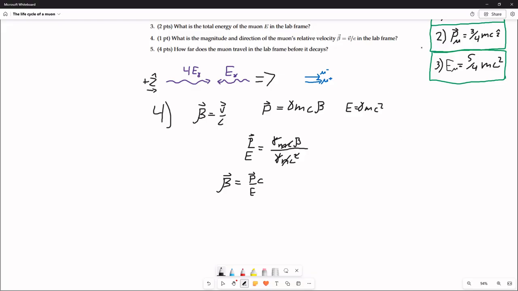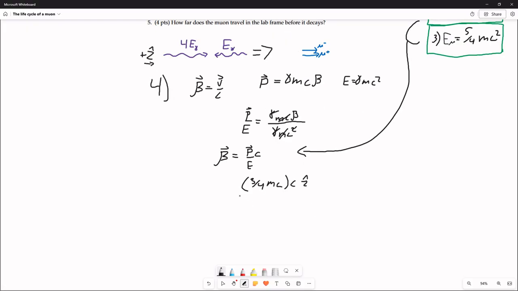And from parts 2 and 3, up in the top right, we can plug all of those values in. So we have momentum is 3/4 mc times c in the z hat direction. Have energy is 5/4 mc squared.